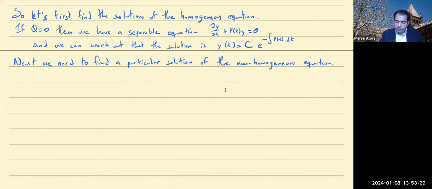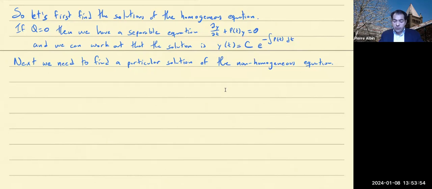Okay, so to motivate this, let's stare at this general solution for the homogeneous system and notice that this says if you were to take the inverse of this, so e raised to the integral of p of t, and multiply that with y, you would end up with just a constant, right?